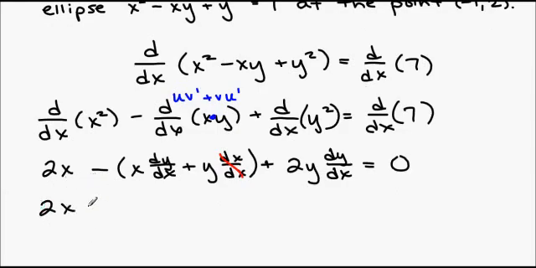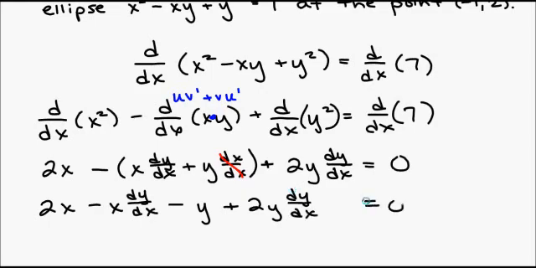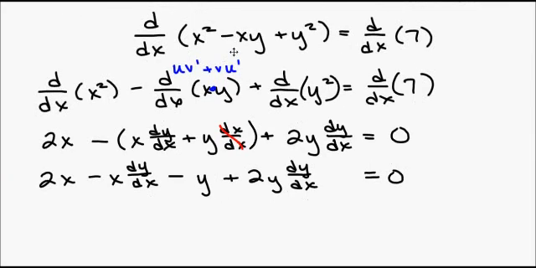We have 2x minus x dy/dx minus y plus 2y dy/dx equals 0. Okay, so now that I'm simplified, I have everyone with their dy's and dx's.